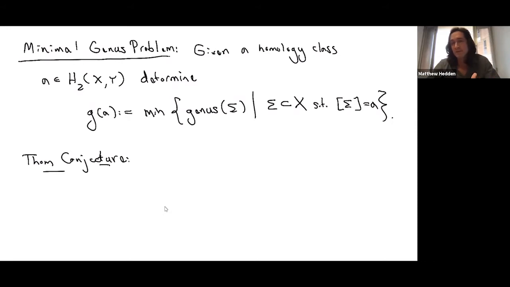So it says that if you have a smooth complex curve in the complex projective plane, then it minimizes genus in its homology class. And this theorem was originally proved by Kronheimer and Mrowka using Seiberg-Witten theory and gauge theory, and it had a number of antecedents in the context of Donaldson theory.